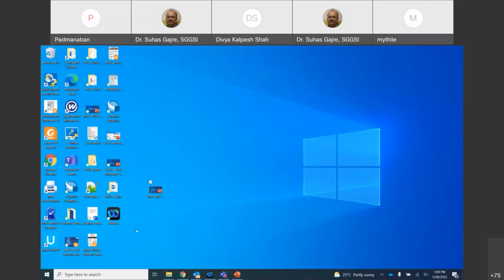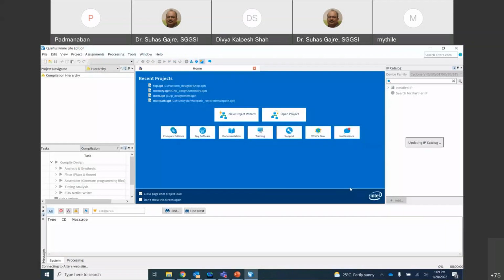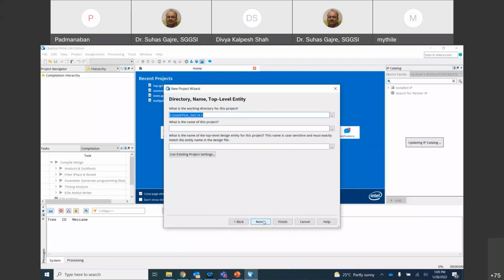Now let us try the last example. We open the Quartus Prime Design software and we can go to the new project wizard again. You can also try that. So we can say here platform designer, and then say top. Say OK.